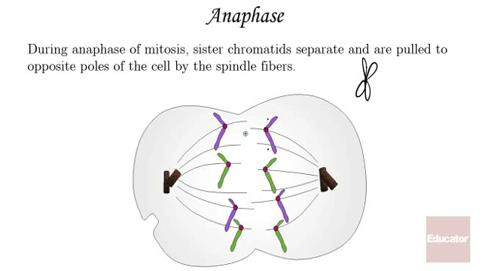Remember, I started out with 1, 2, 3, 4 chromosomes, and I can see I still have 1, 2, 3, 4 chromosomes. No information was lost because each chromosome had been through S phase, synthesis phase, and the DNA had been replicated. So if this right here was information encoding for blue eyes, that blue eye information is going to go into this daughter cell.